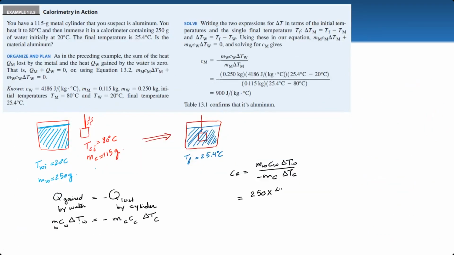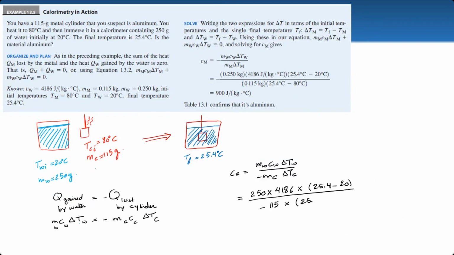So this is 4186 times delta T of water, which is T final minus T initial: 25.4 minus T initial, which is 20 for the water. I will divide that by the mass of the cylinder, which is 115, times delta T of the cylinder.